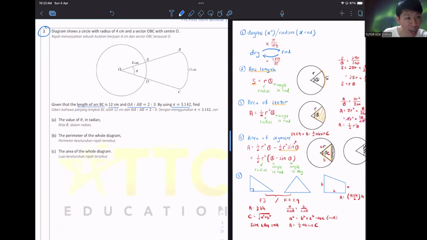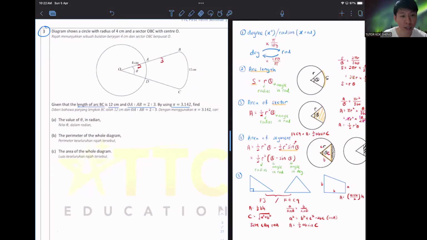Length of arc BC is 12, already labeled for you. OA to AB is ratio 2:3, these two. Here 2, here 3.